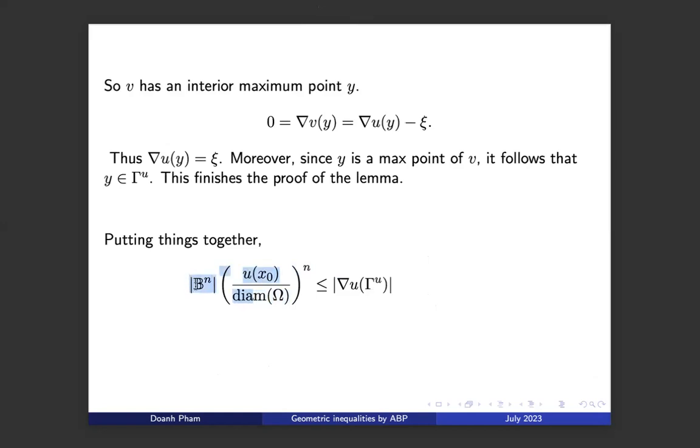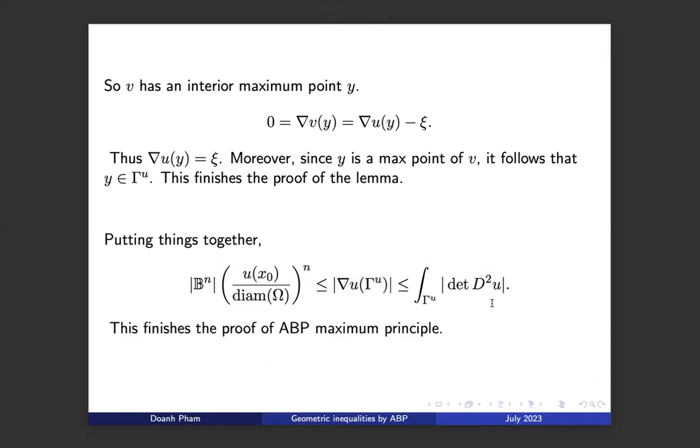On the left-hand side, it is the volume of the ball. And on the right-hand side is the volume of the image of the gradient of U on gamma U. And next, we apply the area formula. So the volume of the gradient image is less than the integral over gamma U of the determinant of the Hessian. And that finishes the proof of the ABP maximum principle.